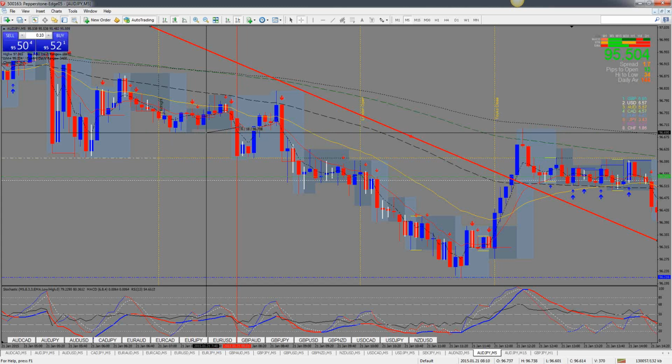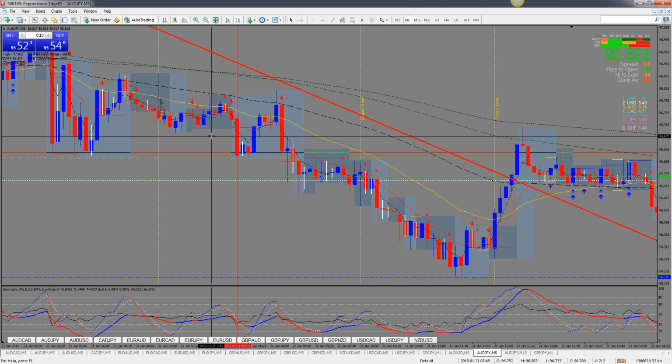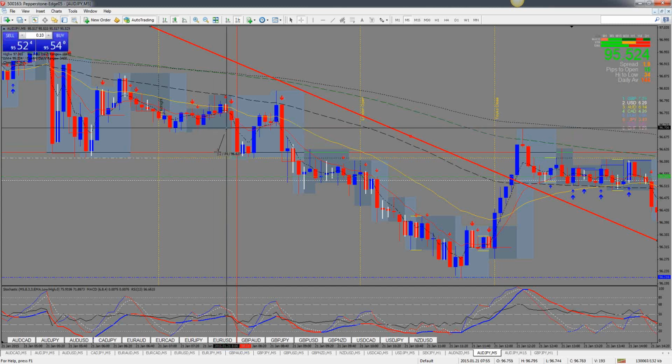So your next swing low would be here, and then the following swing low would be the next one here. So you're looking to take your profit to the swing low. That's 8 pips. Minus your spread and everything else, you're now looking at 6 or 7. That's your entry there, and your exit.